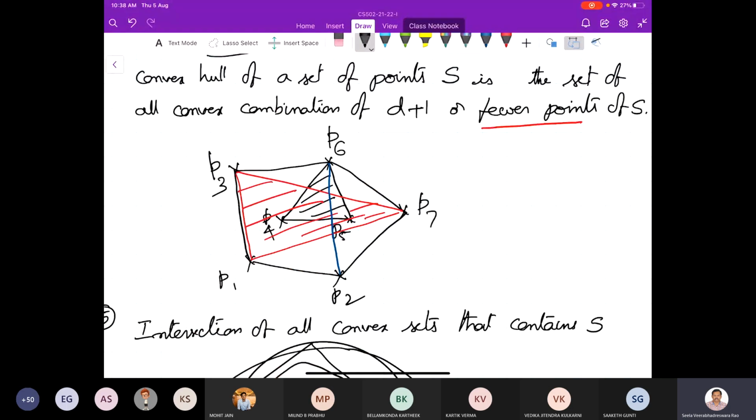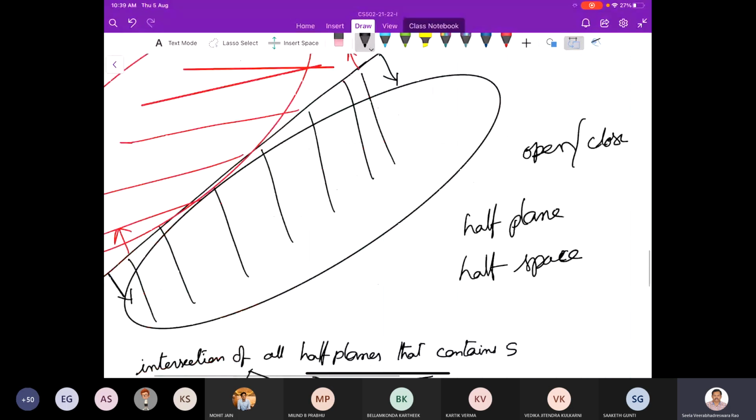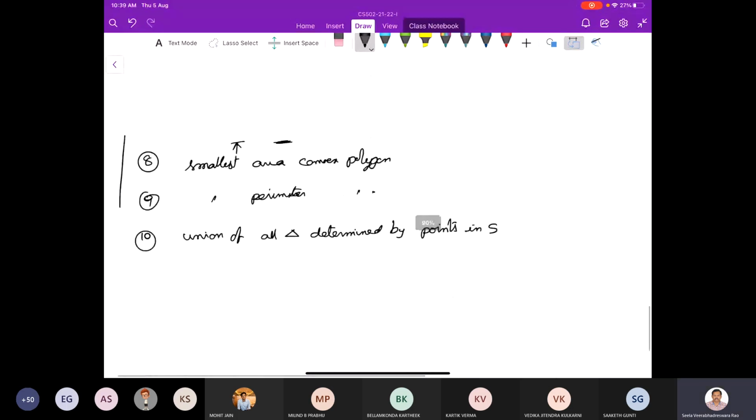You take all the triangles which are formed by these points and take the union of all these triangles. That's what you will get as the convex hull of these points. So these are some of the definitions of the convex hull or convex polygon.